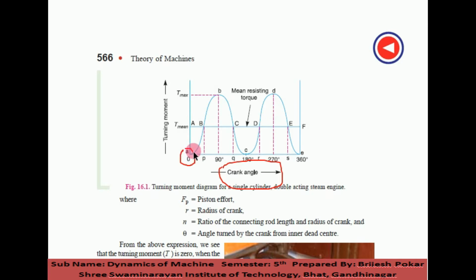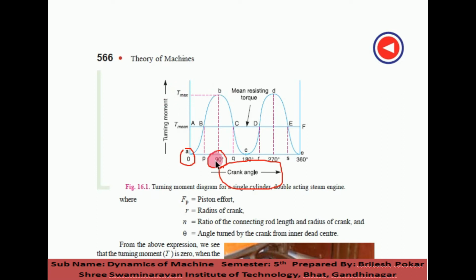Now as the angle increases, whenever the crank goes from 0 to 90 degree, the torque is increased from O B to small b, which is the maximum torque.